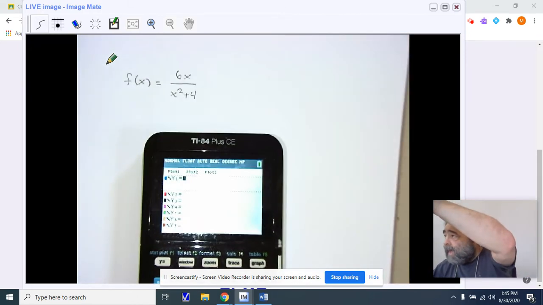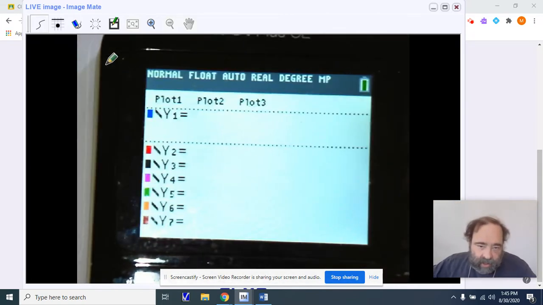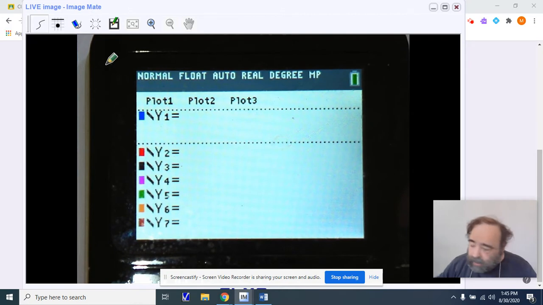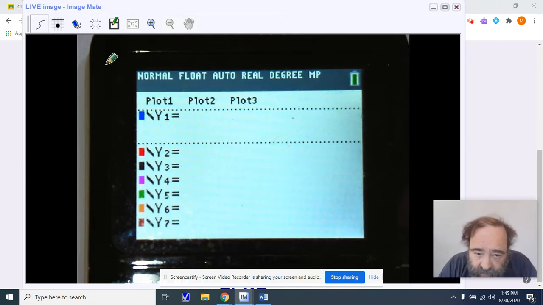So I'm going to zoom in on that real quickly. We're talking about using the TI-84 Plus. Now the color edition and the Plus edition have a new feature.